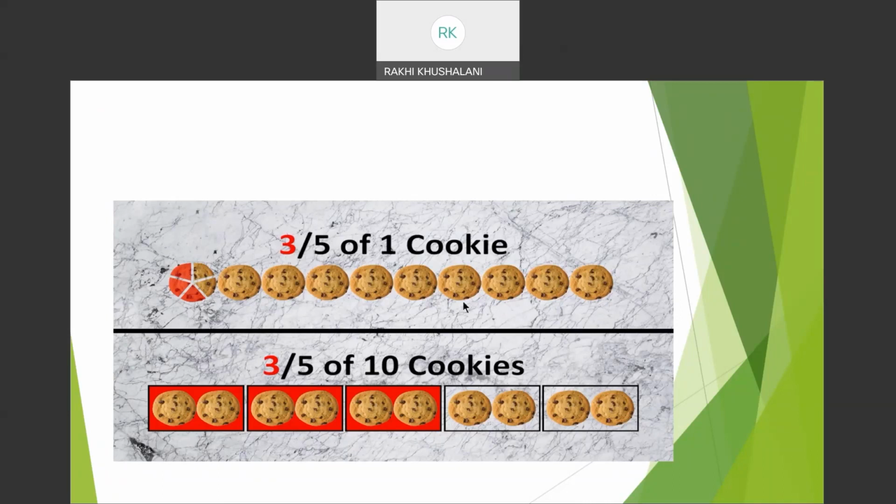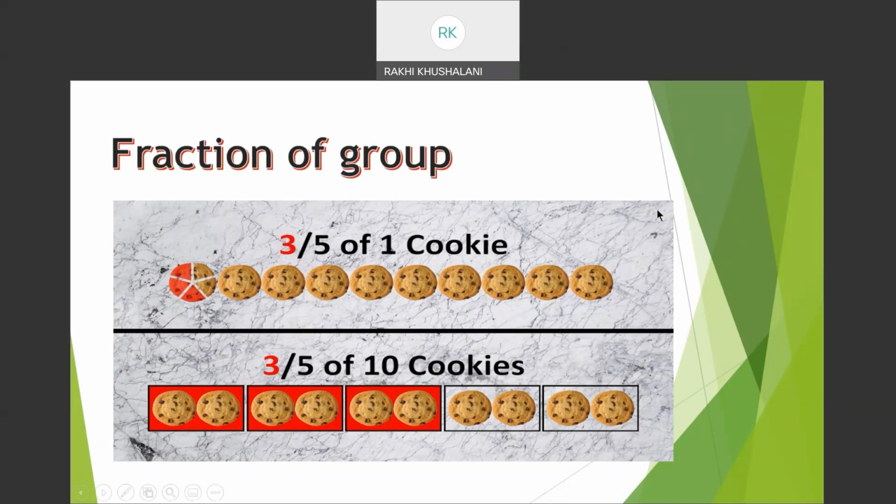Children, please try to understand. I picked up 3 groups out of 5 groups out of total 10 cookies. So that means I picked up 3 by 5 of 10 cookies. Don't get confused. I have got more slides to show you. This represented fraction of a group.